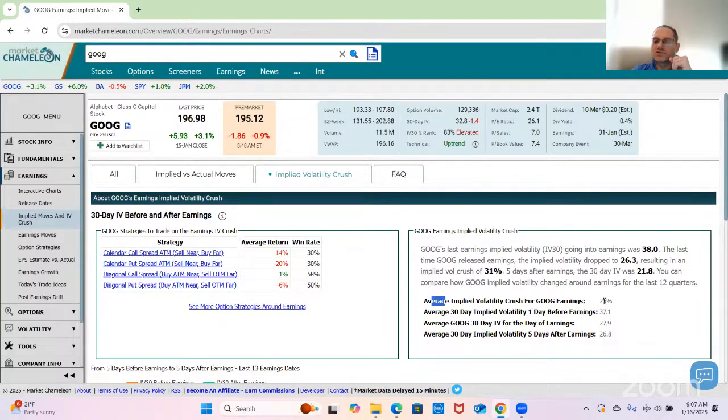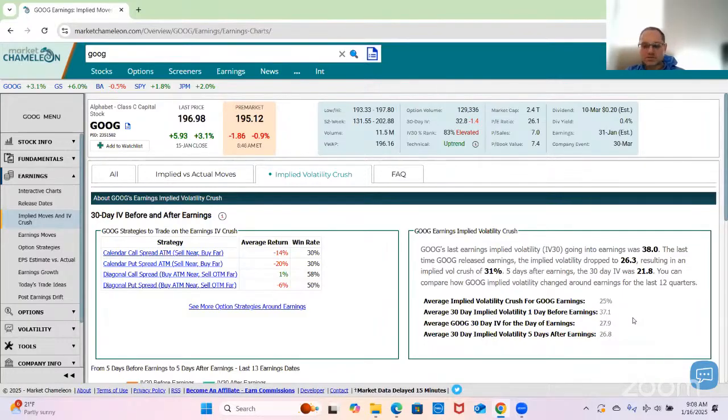This is looking at the historicals. The day after earnings, it releases earnings at the end of the day, it falls to 27.9 on average. So if we're just looking at averages here, we could see that there's a 25% decline in implied volatility on the 30-day IV, at the money. So this gives us some historical benchmarks to look at.